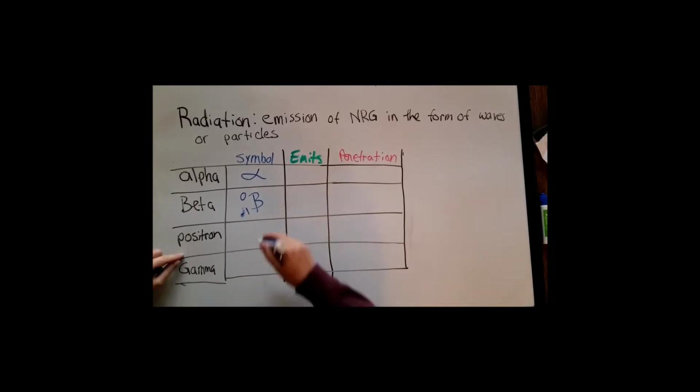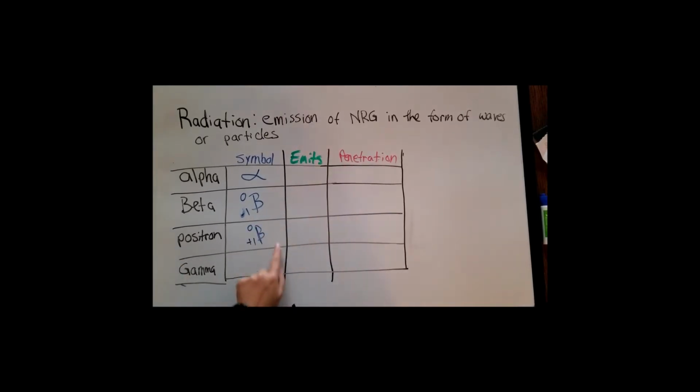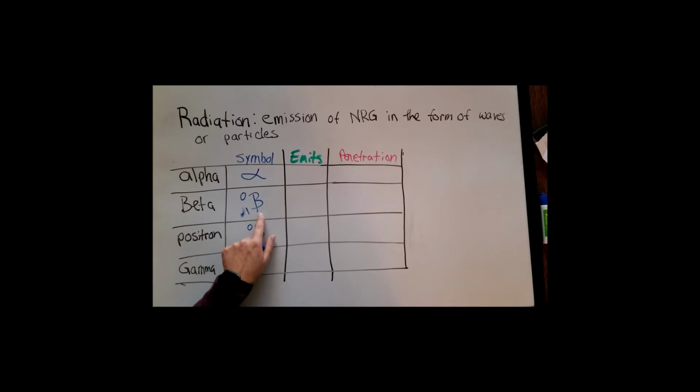For the positron, it's also represented by the beta symbol, but instead of a -1 in the lower left, we see a +1. So whenever you see this symbol, this is a positron because of the positive sign. For the beta particle, you'll see a negative sign here. And last but not least, for gamma, we have the little funky gamma symbol.